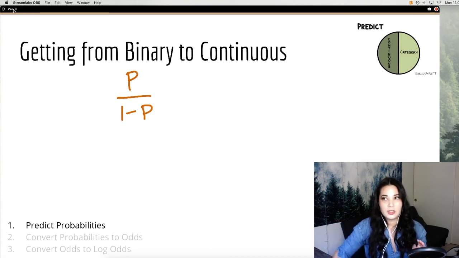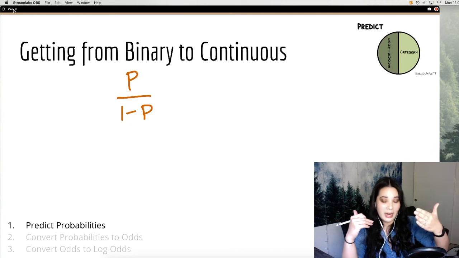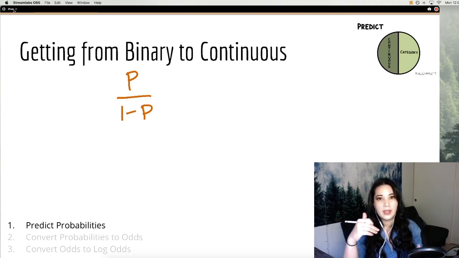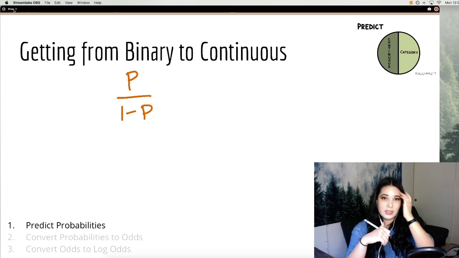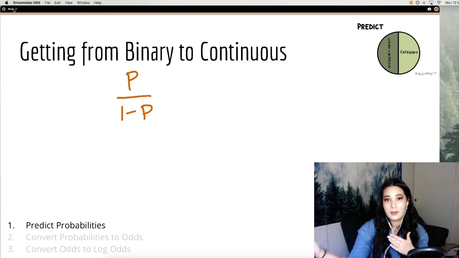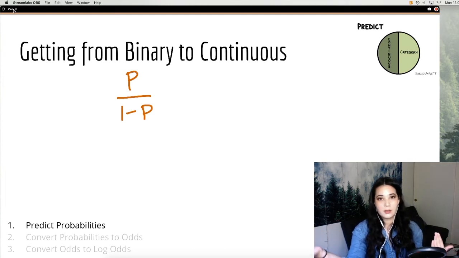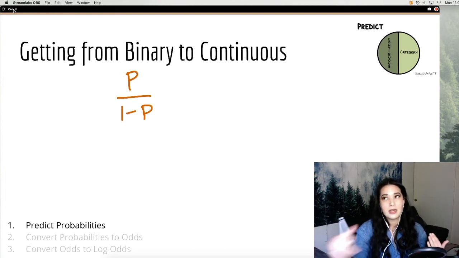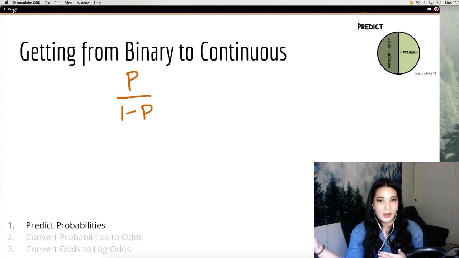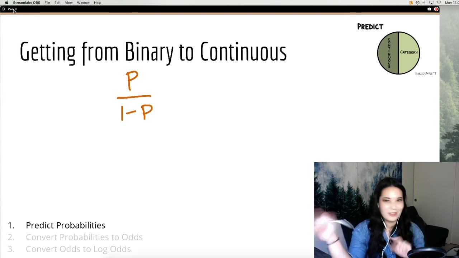This is just a way to say how many more times it is likely that the event will happen as will not happen. And as we explored in one of the first classes, odds have a range of 0 to positive infinity, with 0 being the odds when the probability is 0, and up to infinity being the odds when we get a probability close to 1. So again, one step closer.